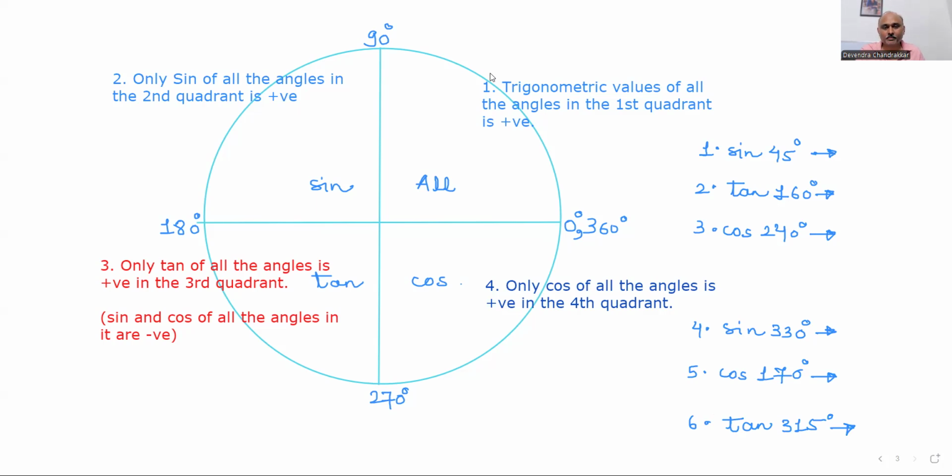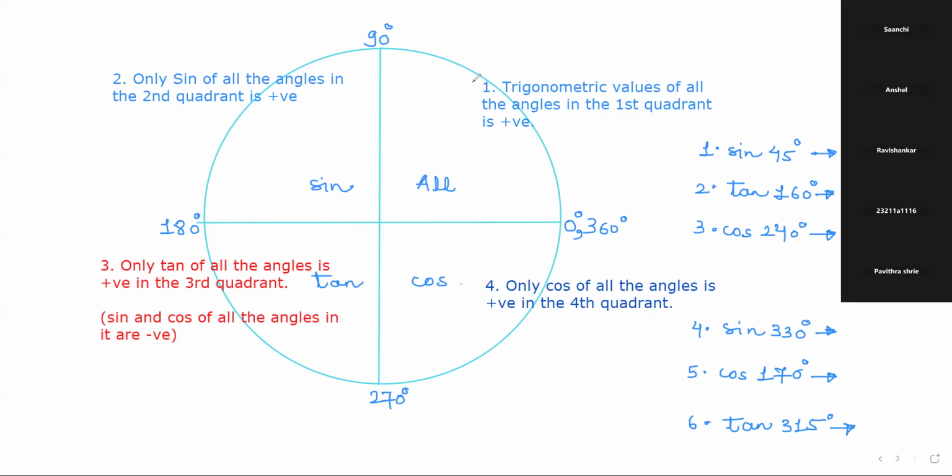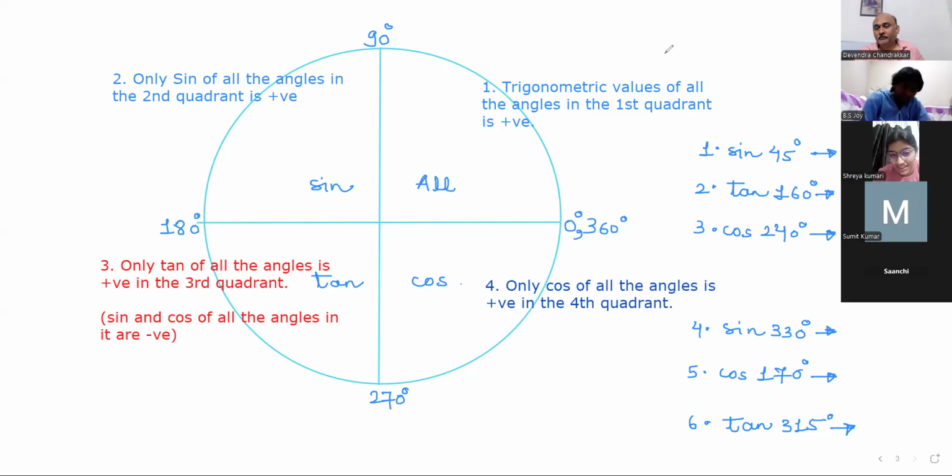ठीक है? करिए. Yes, Shreya. Sir, what does trigonometric values refer to? See, we are taking the ratios of the sides. Yes or no? Yes, sir. When we are finding sine theta, cos theta, tan theta, we are taking the ratio of the sides of the triangle.